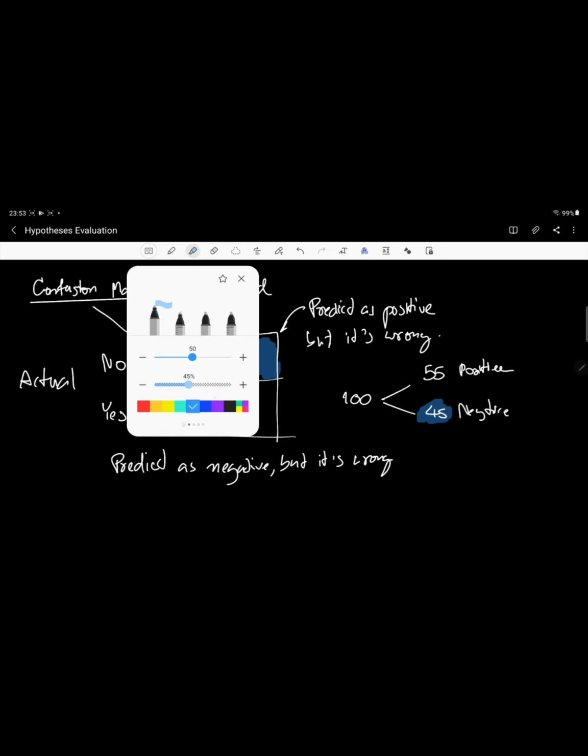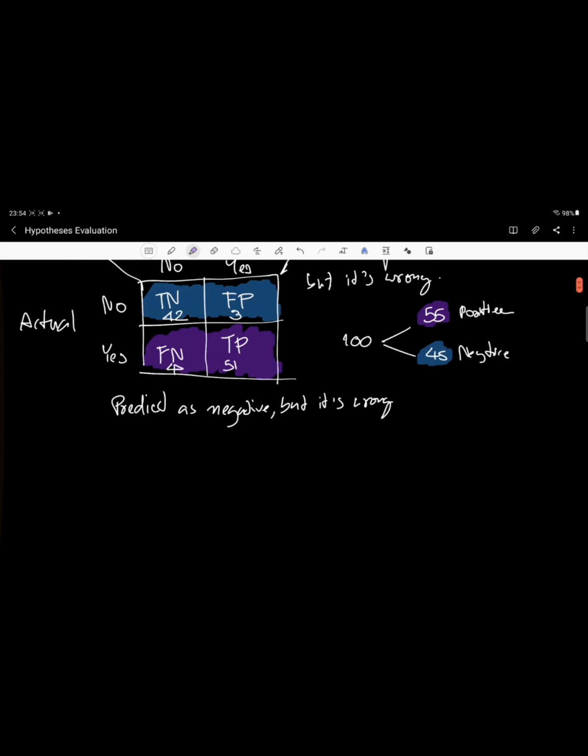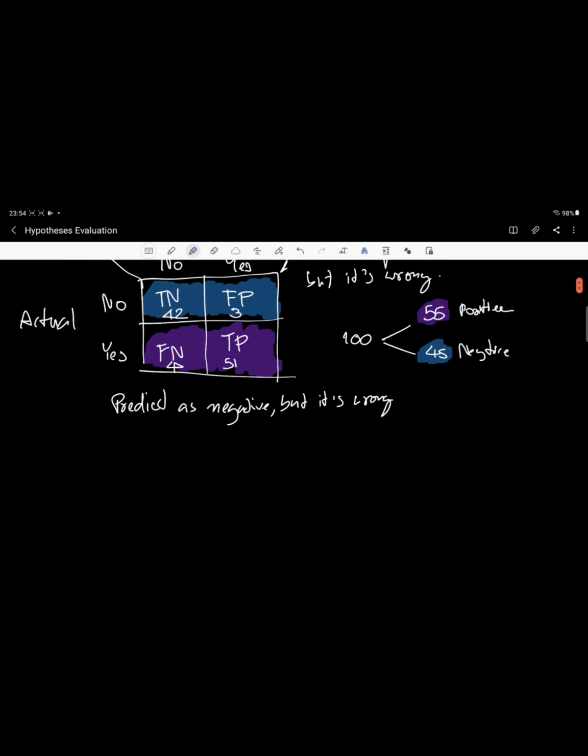And if you find the summation in this row, this one is the positive, so it must be 55. I hope that you can get the idea of how we get these values together. Okay, so how can we put this number in the matrix?